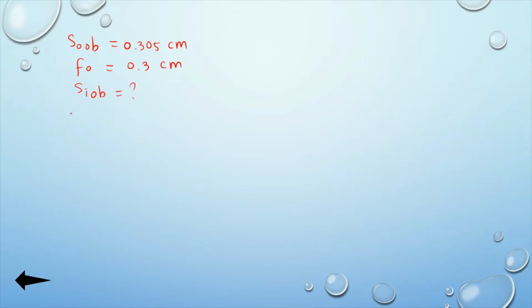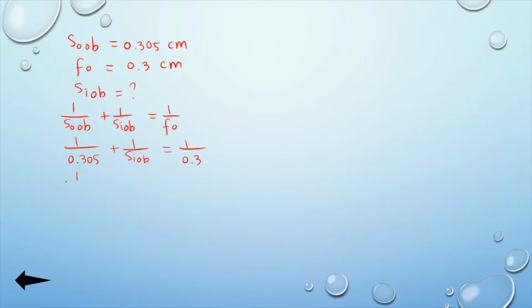To calculate SIOB, let's use the general equation 1 over SOOB plus 1 over SIOB equals 1 over FO. 1 over SOOB is 1 over 0.305, plus 1 over SIOB equals 1 over 0.3.